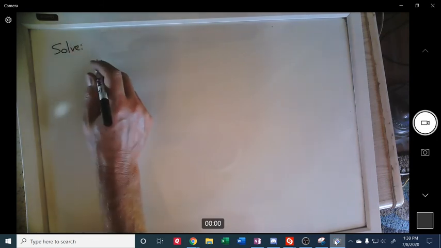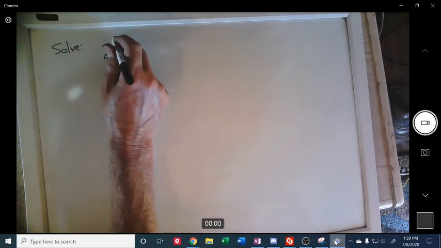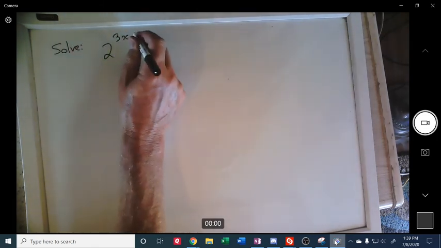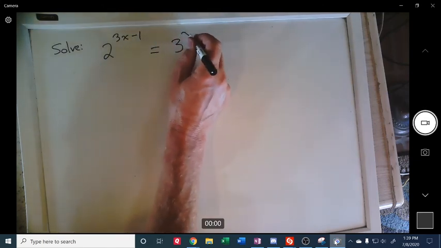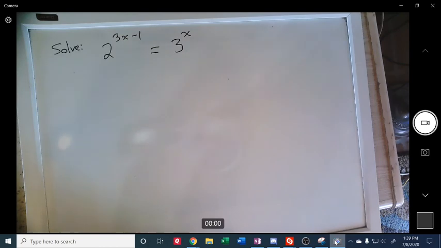Suppose I have, solve 2 to the 3x minus 1 is equal to 3 to the x. All right.